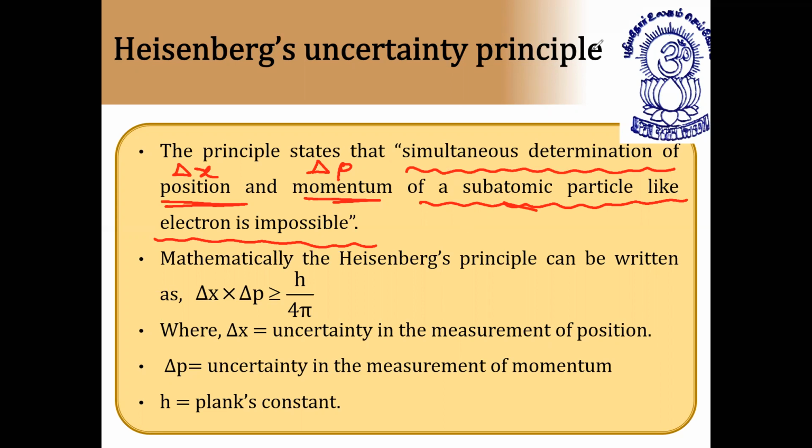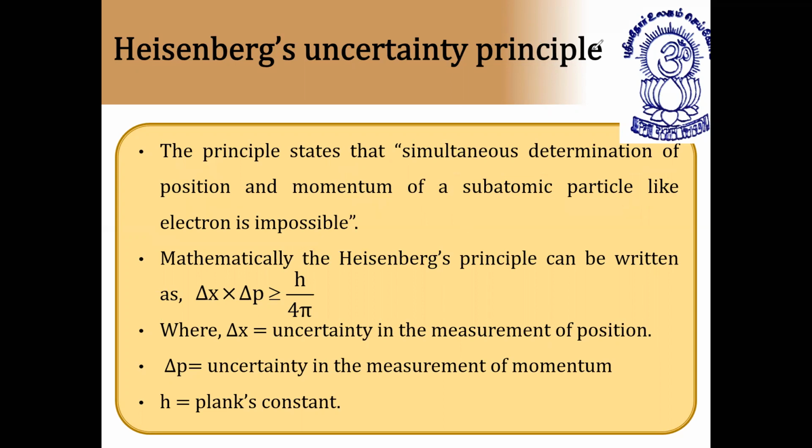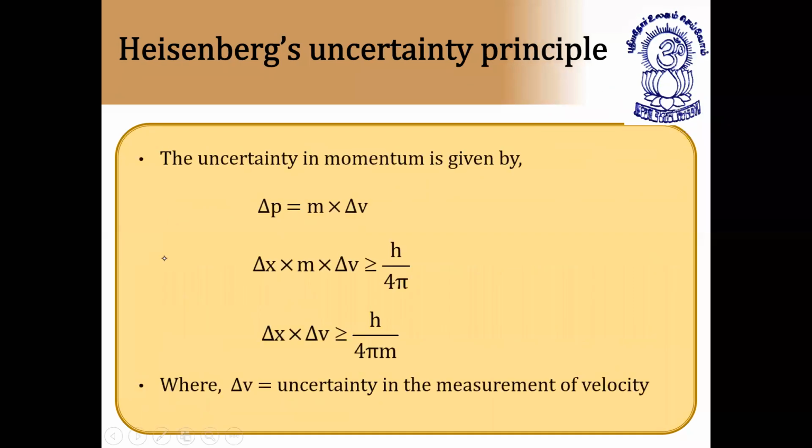Now we will go to the numericals of Heisenberg uncertainty principle. The uncertainty in momentum is given by delta p is equal to m into delta v, because the mass of the electron remains constant. So there is no need of changing it into m into delta m, and there is no delta m also. So in place of delta p, we can write m into delta v. So delta x into m into delta v is greater than or equal to h by 4 pi. When you are solving numericals, we can write delta x into delta v is equal to h by 4 pi m.